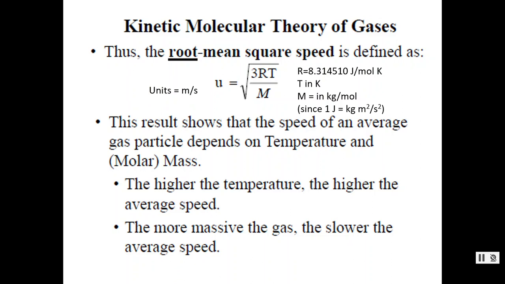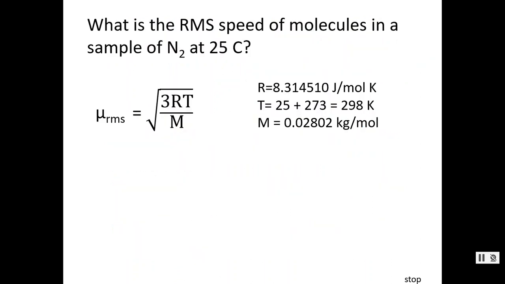So in the next slide, we're going to go ahead and do an example. What if I was to ask for the speed of a sample of nitrogen molecules at 25 degrees Celsius? Using the equation, and after converting the temperature to Kelvin, I know my molar mass of N2 is 28.02 grams per mole on the periodic table.